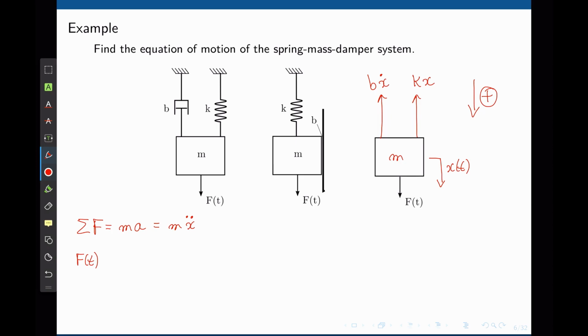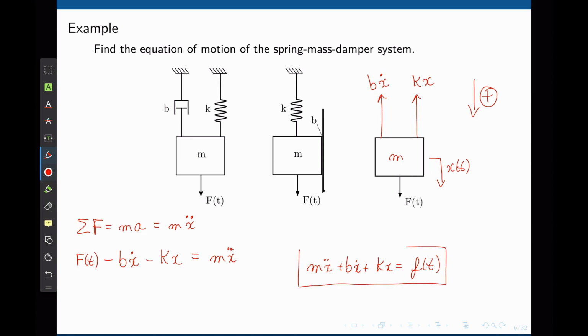And we have the viscous friction, that is negative b x dot, it points up, so it's negative, minus k x, the spring force, again negative because it points up. And this is equal to m x double dot. We can now rearrange this equation as m x double dot plus b x dot plus k x equals F of t.